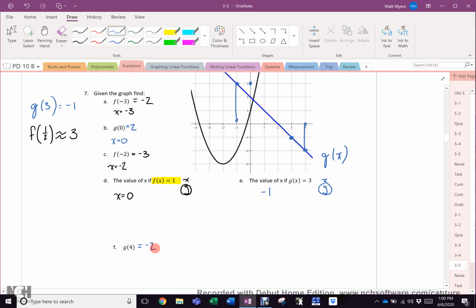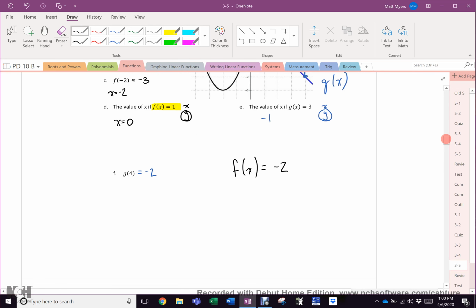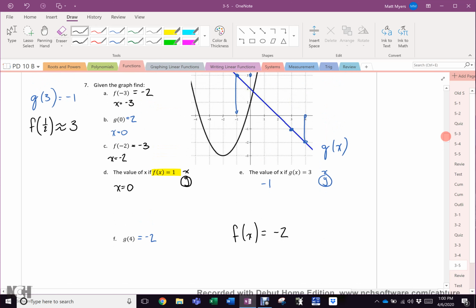Now, I want to mess with you a little bit. Try the f of x equals -2. Try that one. So we remember that as a y value.